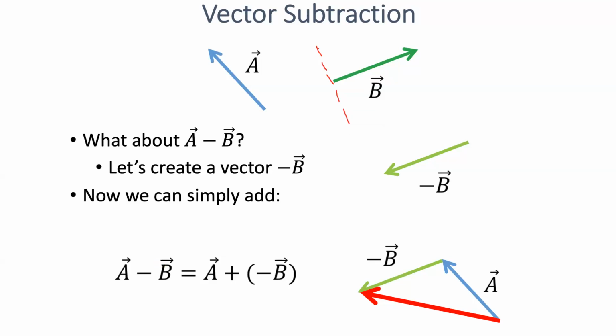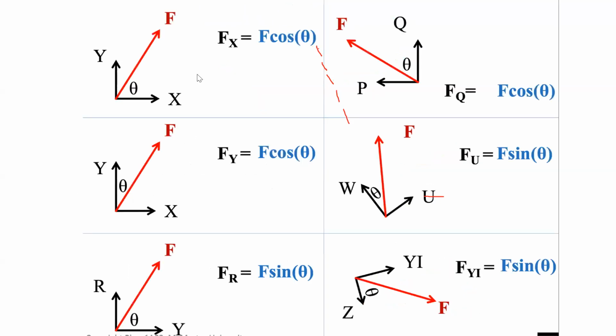Then we have this vector here, and that's what the negative of that vector would be. It's in the opposite direction, but the same size, and same thing, tip to tail. So vector A and the negative of vector B, and then we've got the resultant in red. Yeah, so we can go on to the next slide.